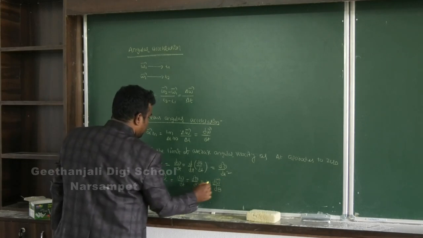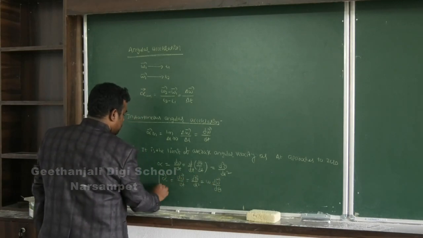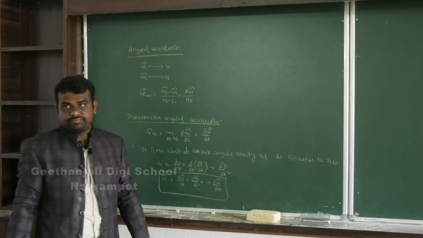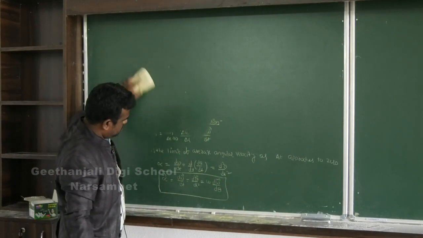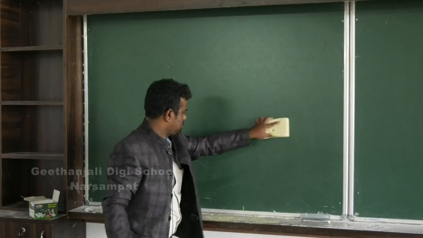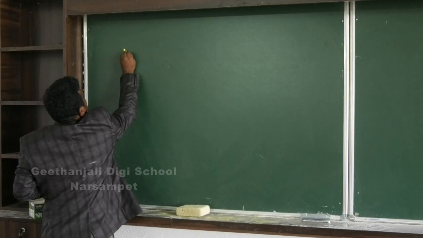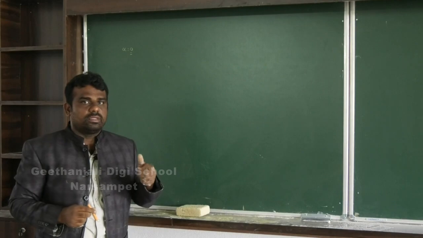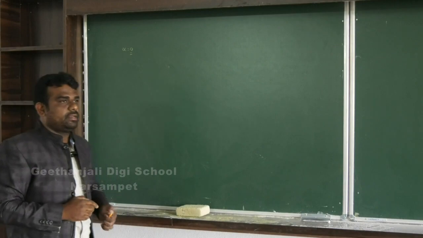This is also a very important relation for angular acceleration. When alpha equals 0, that is, when angular acceleration is 0, the particle is said to be moving with a constant angular velocity, right?